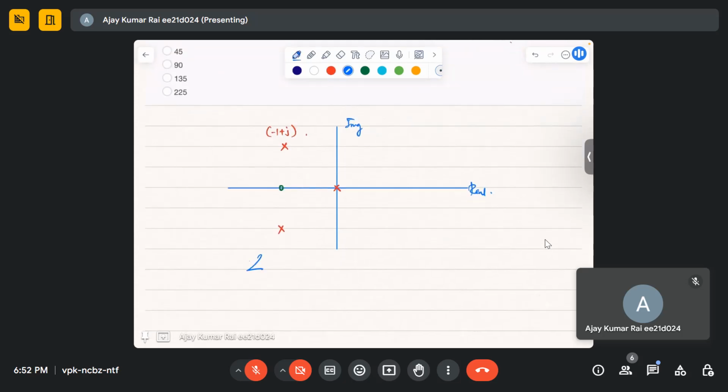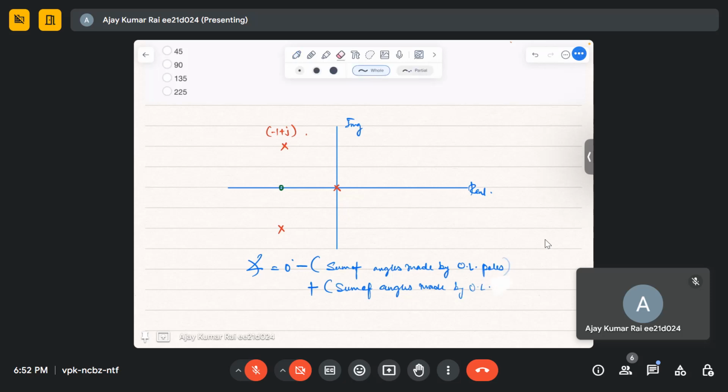So what is the angle of departure for this? 0 degree minus the sum of angles made by open loop poles to that point, plus the sum of angles made by open loop zeros to that point.